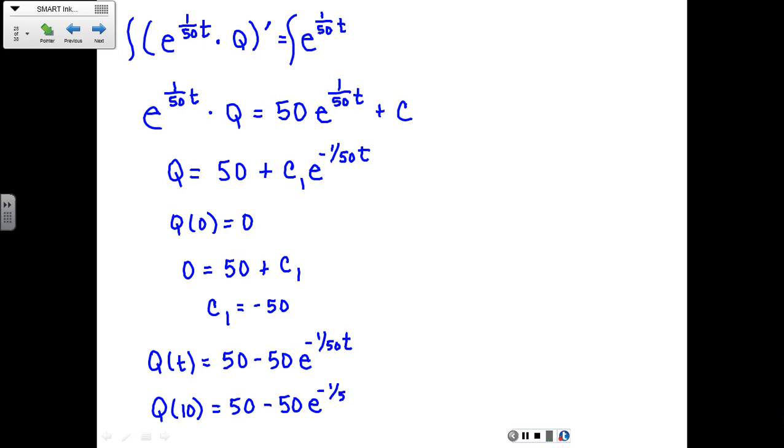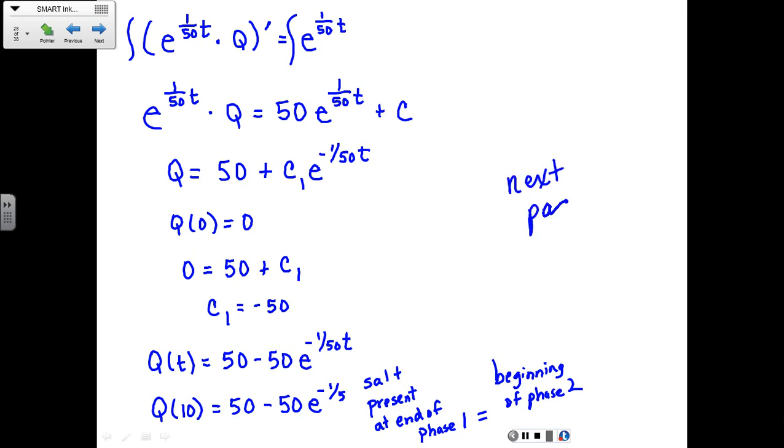Okay, salt present at the end of phase 1, which equals the beginning of phase 2. I'm going to come back to this in just a second, okay?